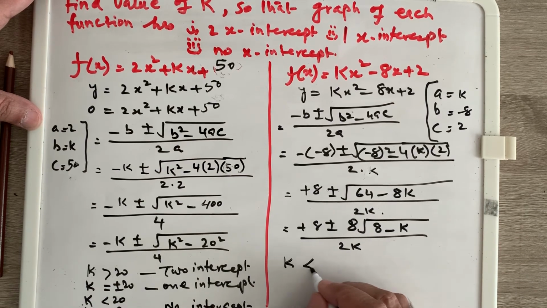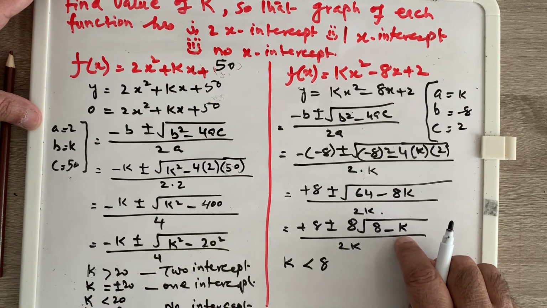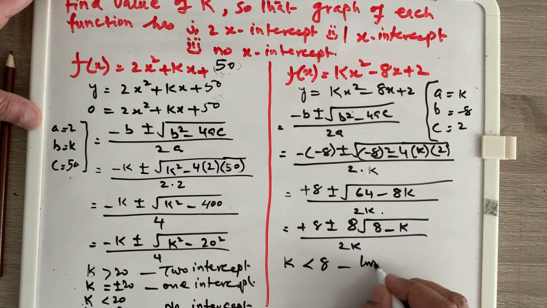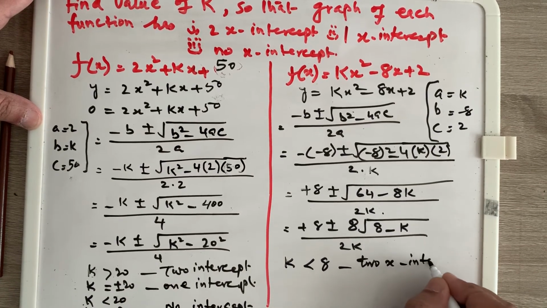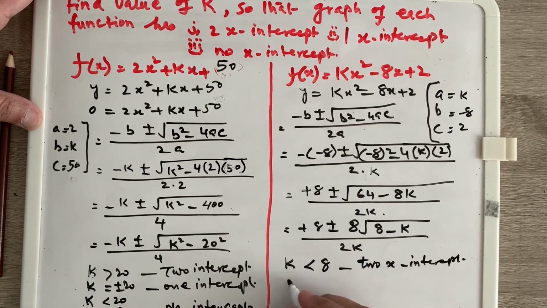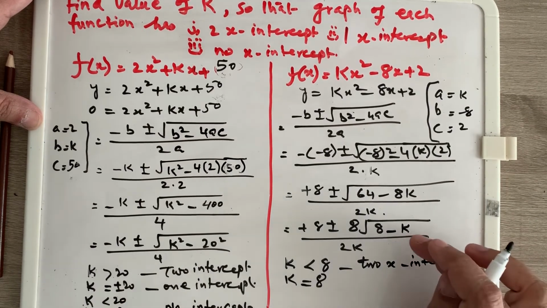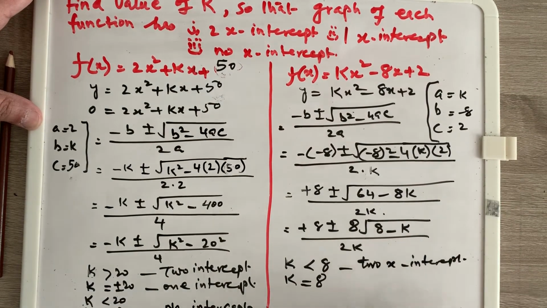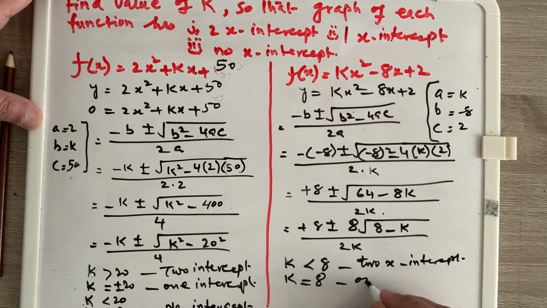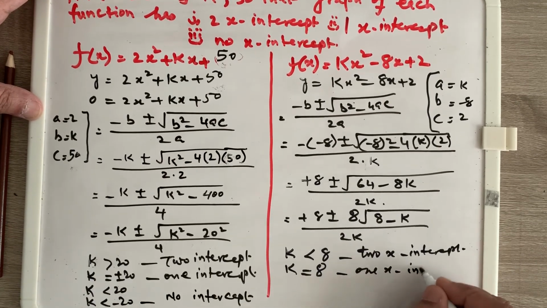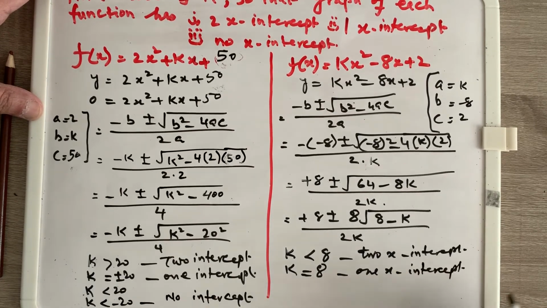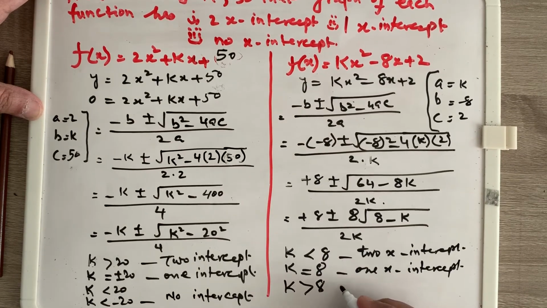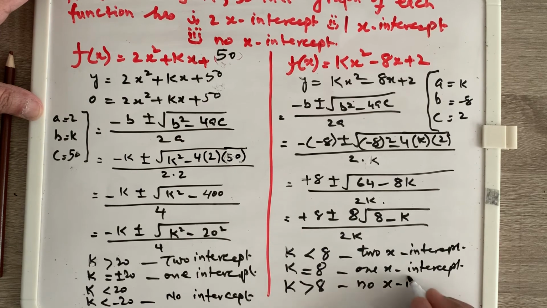If my k is less than 8, I have a positive root, so I will have two x-intercepts. If my k is equal to 8, then 8 minus 8 cancels, this whole factor will be gone, and I have one x-intercept. If my k is greater than 8, then I have no x-intercept.